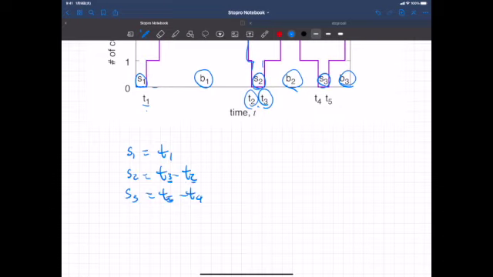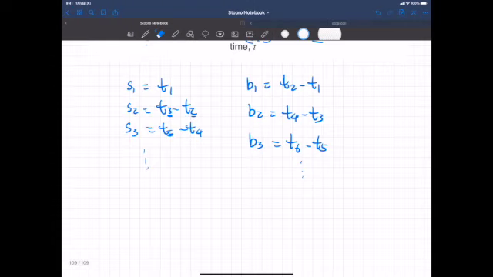And B1 is T2 minus T1, and B2 is T4 minus T3, and B3 would be T6 minus T5, and so on. And we are interested in the expectation value of B_i.